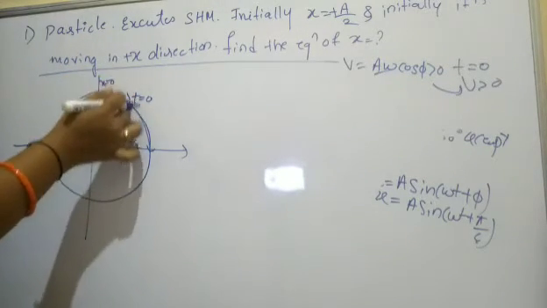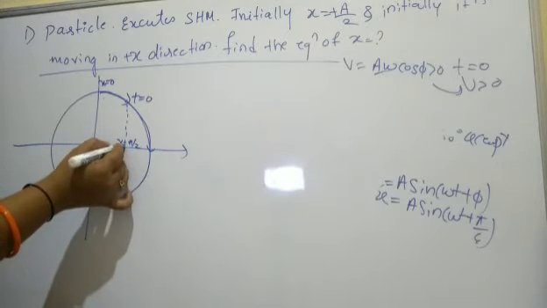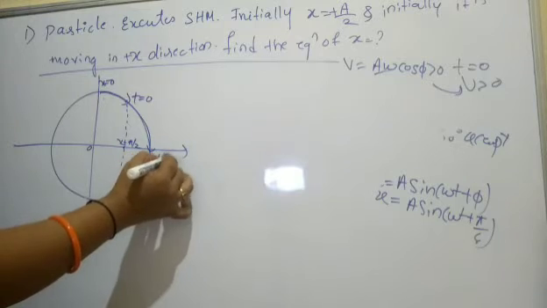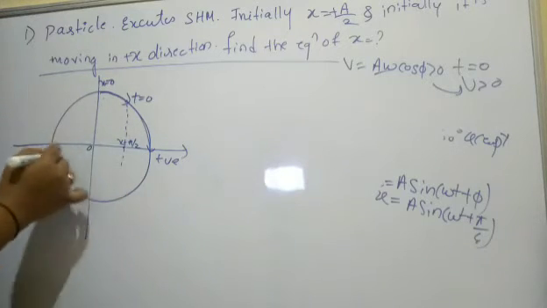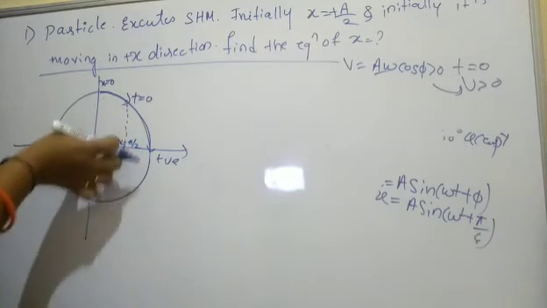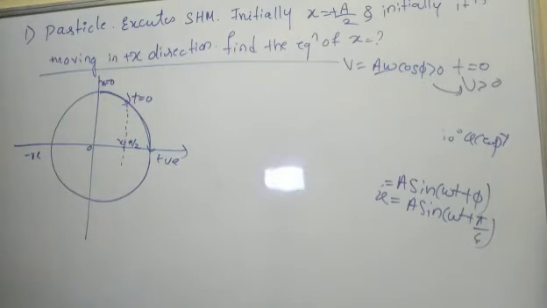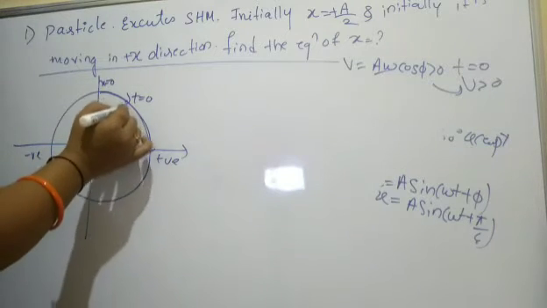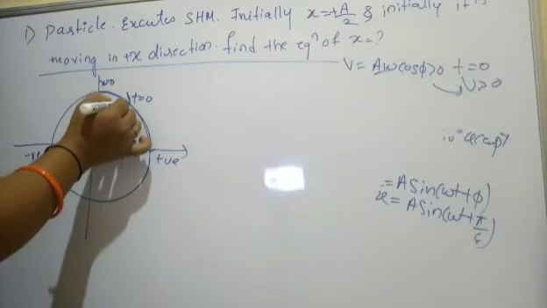This is a positive direction. Here you can imagine this is the negative extreme, this is the positive extreme, this is the mean position. At t is equal to 0, it is moving in a positive direction.